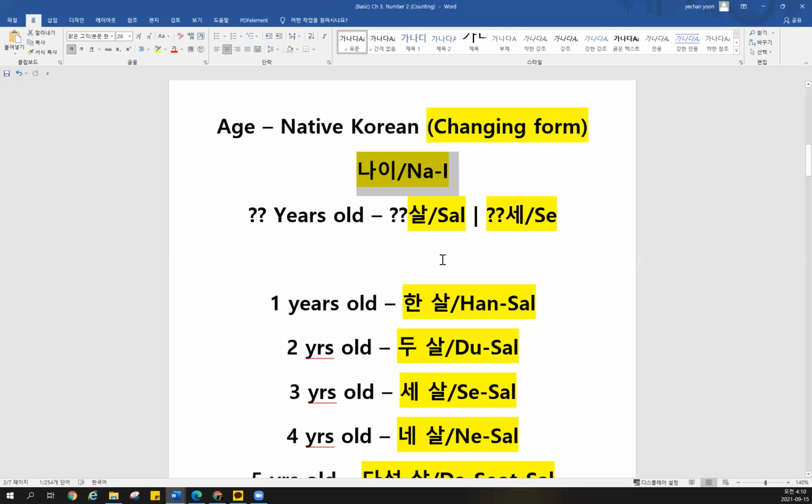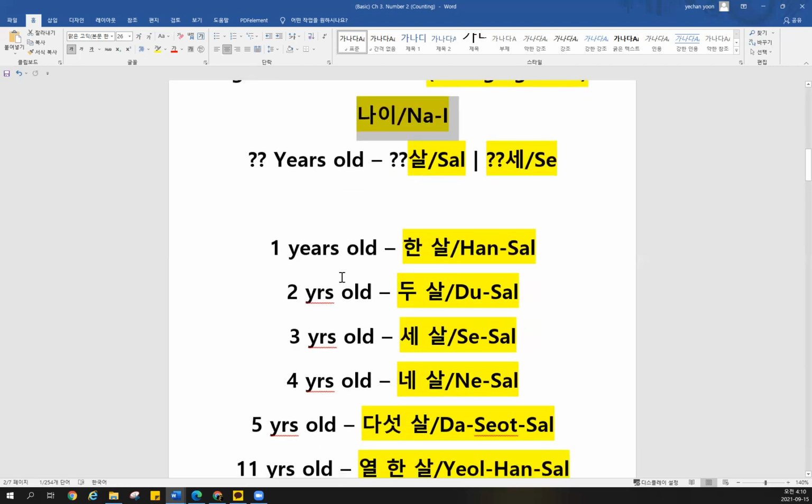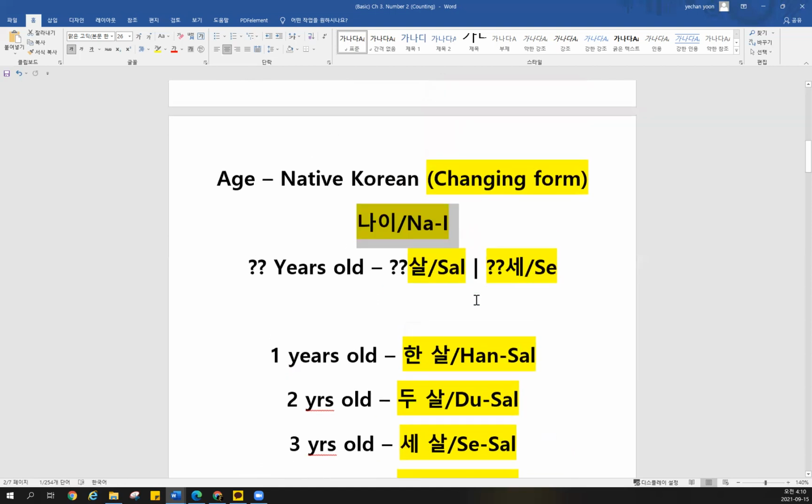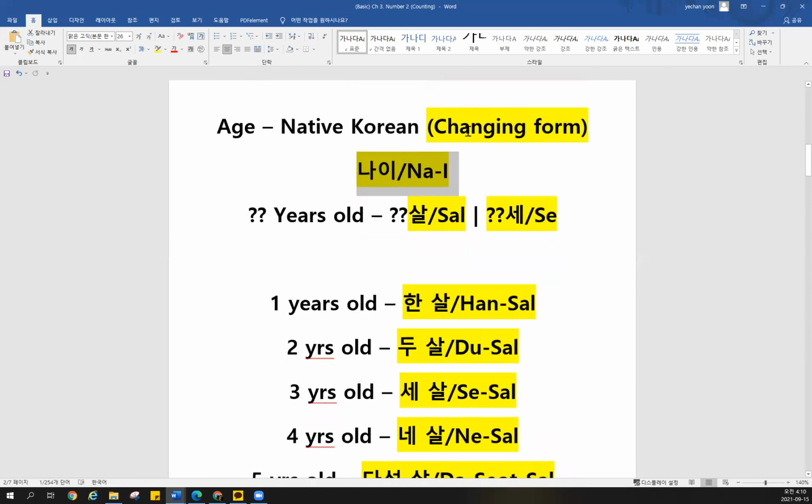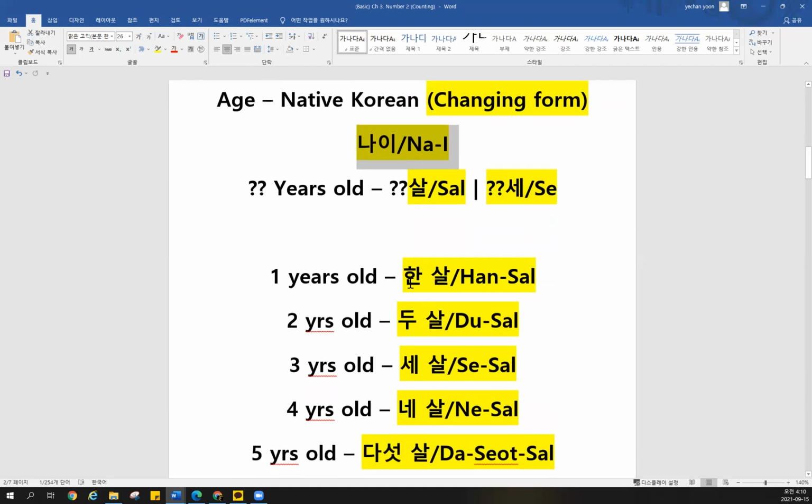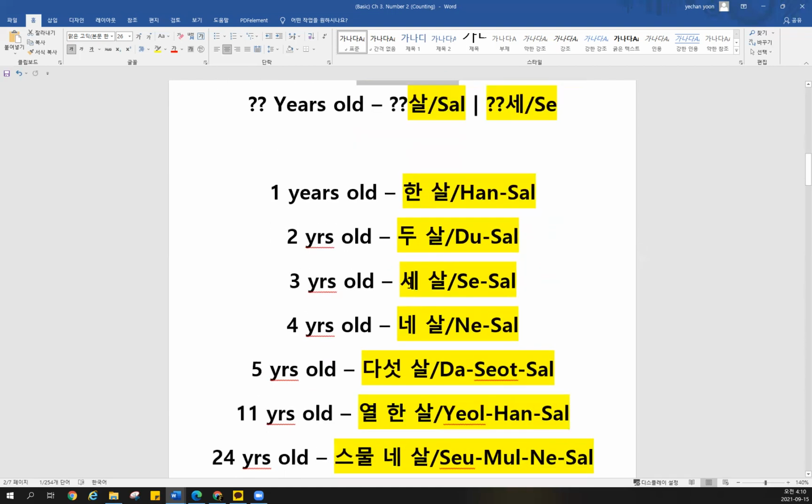So 1 year old. How can you say that? 1 year old is going to be 하나 살. As I mentioned before, we're using the changing form, right? Hana's changing form was what? 한.